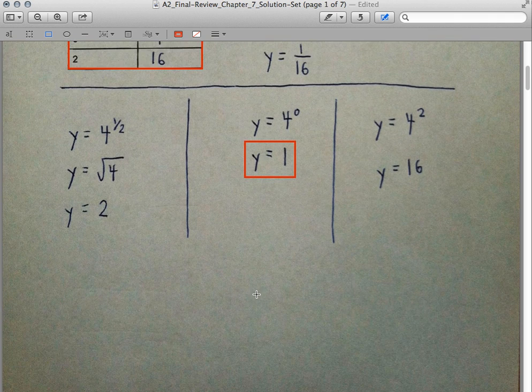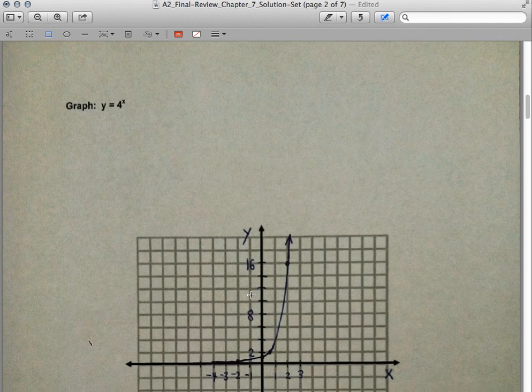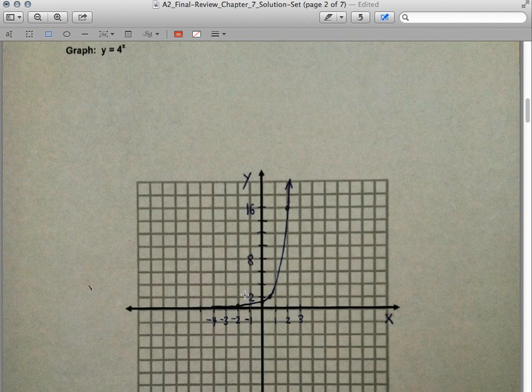We can take those ordered pairs and those values and simply plot them on an xy coordinate plane. We can see here -2, 1/16. And as we will note, this exponential growth function will basically skim along the asymptote, or the x-axis.